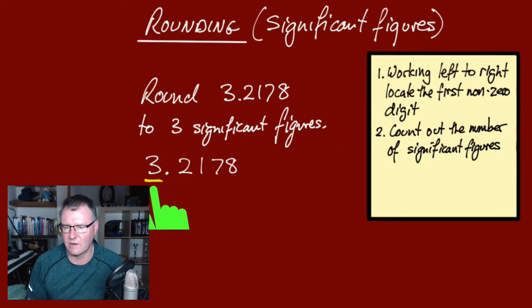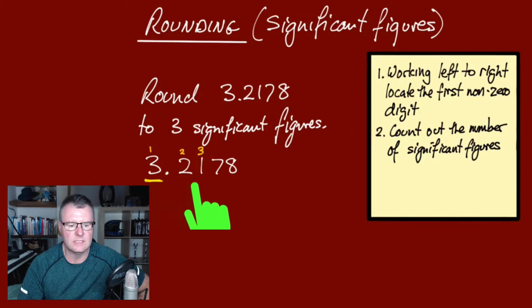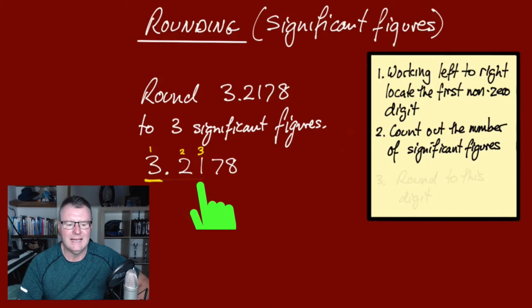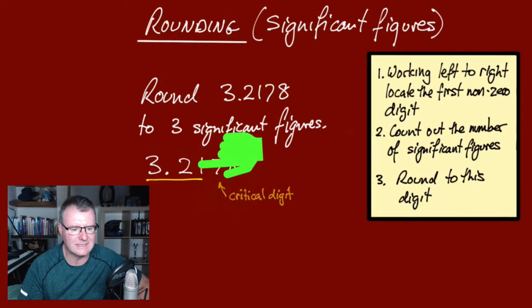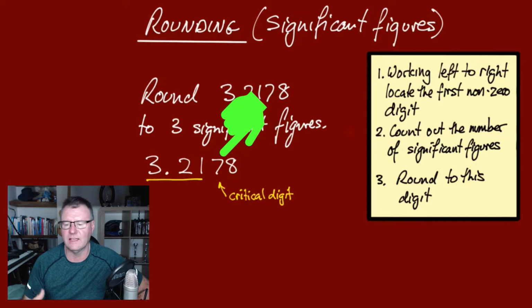From there, I count out the number of significant figures. We've been asked to round this to 3 significant figures, so that's what we're going to do. So we're going to count across from there, 1, 2, 3. That bit there is where I'm going to stop. I'm going to chop it off there, but I need to look at the next digit after, and that's my critical digit.